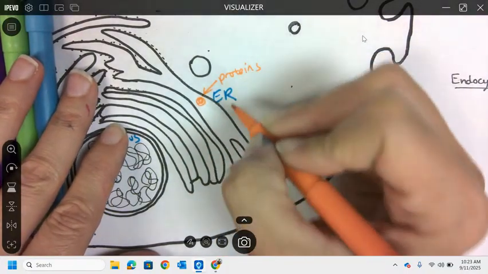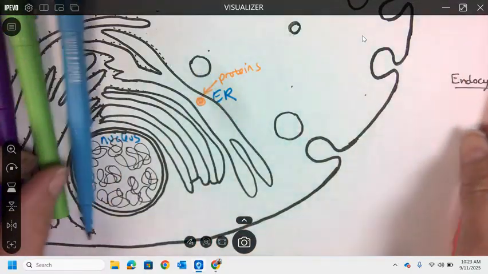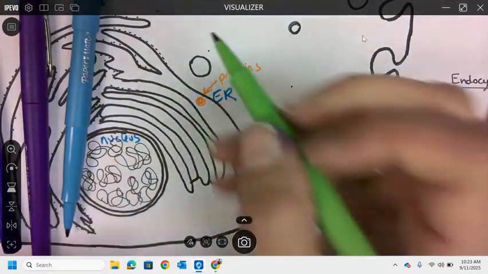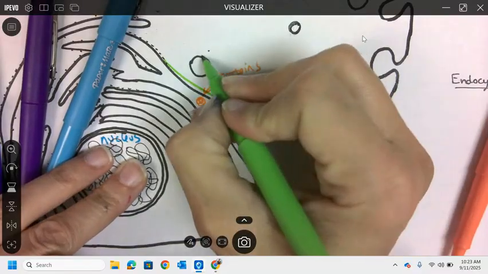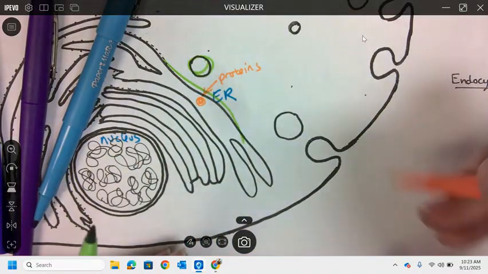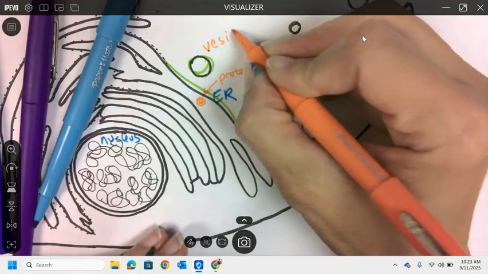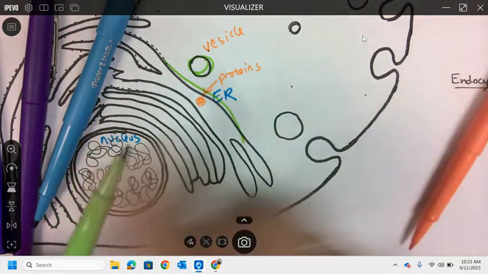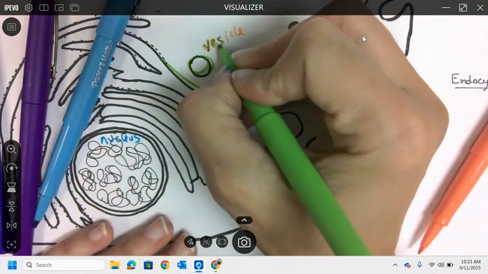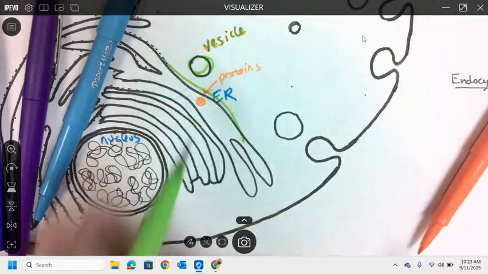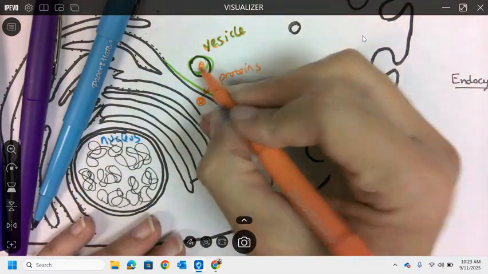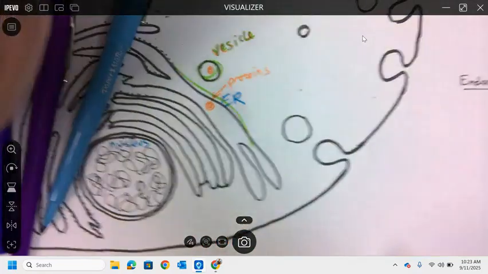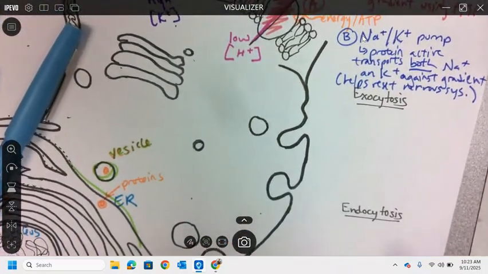Those proteins can be enveloped in a vesicle, which is made up of the same membrane from the ER. That vesicle will transport this protein through the cytoplasm until it gets to the cell membrane.